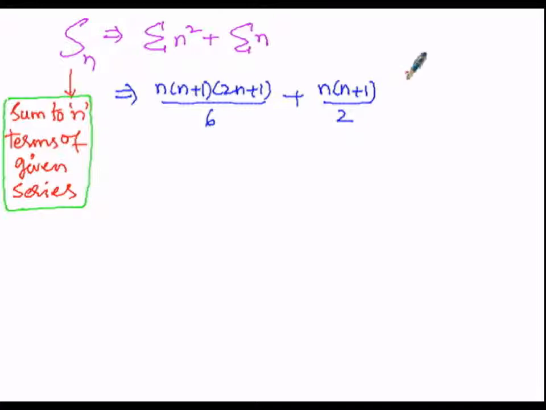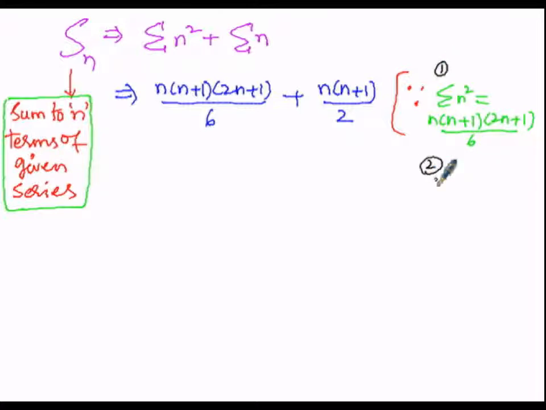We got this logical step by using, since sigma n square is n into n plus 1 into 2n plus 1 overall divided by 6 as the first condition, then as the second condition, sigma n is given by n into n plus 1 overall divided by 2. So I have utilized these two conditions in order to get this logical step.